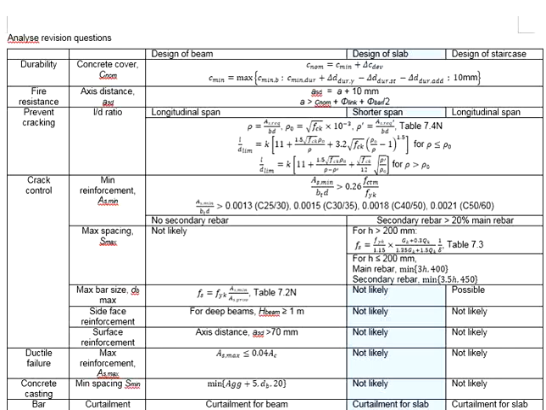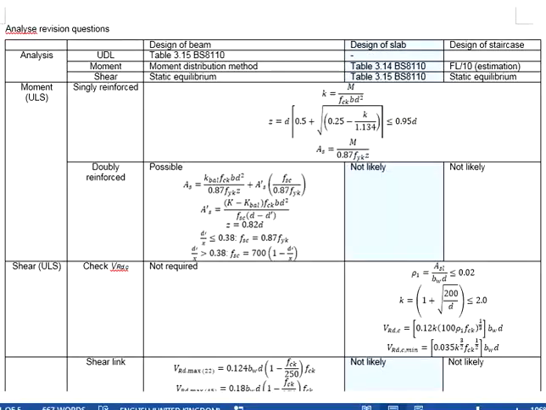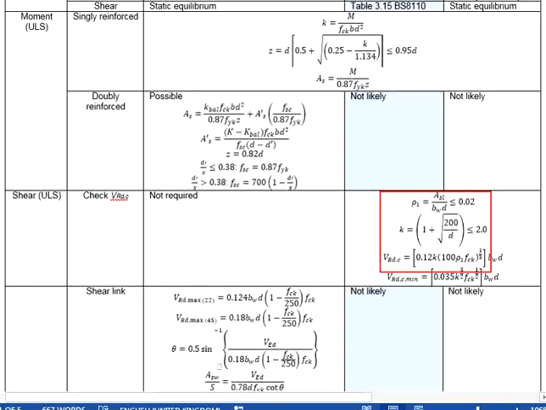The nominal concrete cover may vary slightly. Determining the concrete cover is very important, as later it's going to govern the effective depth, which you use to calculate for the moment resistance of the member, shear resistance of the member, and etc.